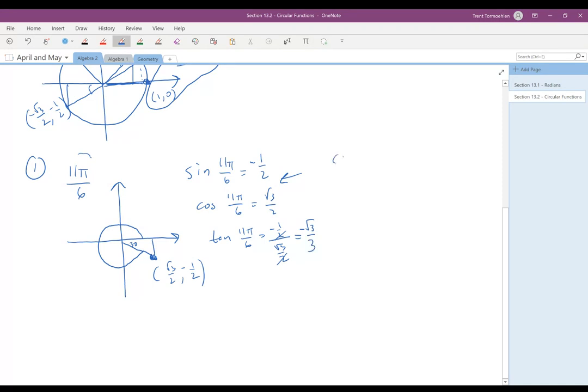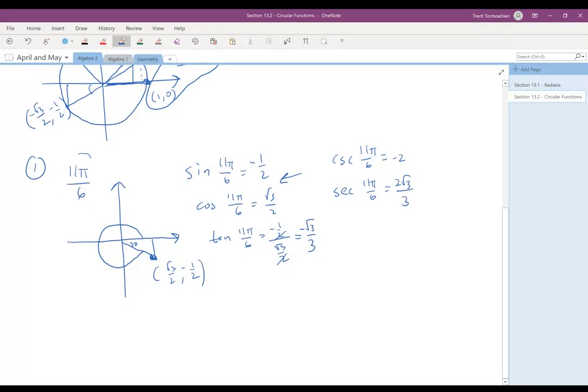And then I just do my reciprocal functions. Cosecant of 11 pi over 6 is just going to equal negative 2. The secant of 11 pi over 6 is going to equal 2 over root 3, which turns out to be 2 root 3 over 3.